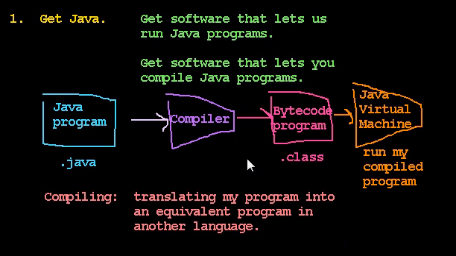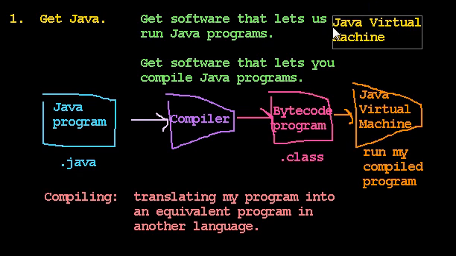So let's connect this back to what we were talking about before. Get the program that lets us run Java programs. That's the Java virtual machine. And it really doesn't let us run Java programs, it lets us run compiled programs written in Java bytecode, whatever that is.